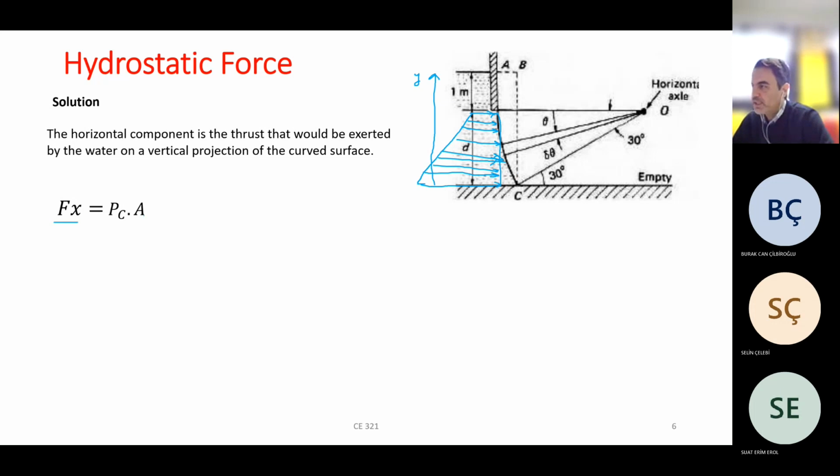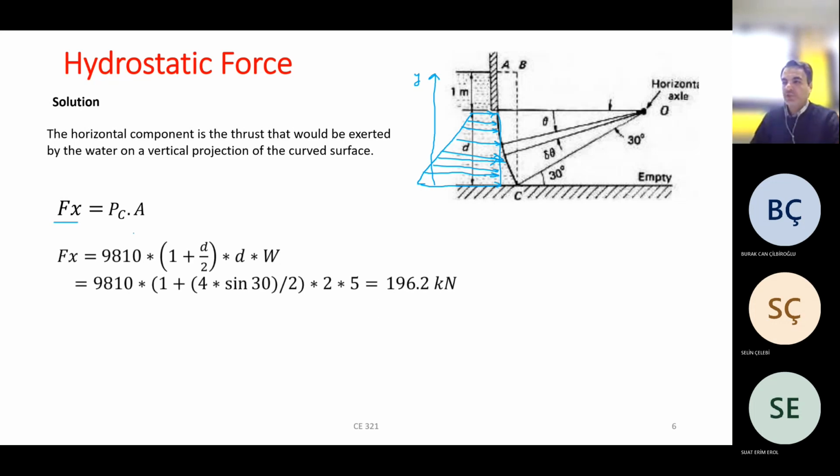Pc times area. You can easily use the equation of Pc times area. What is the Pc, the pressure at the centroid? Where is the centroid of this line? It's the middle.